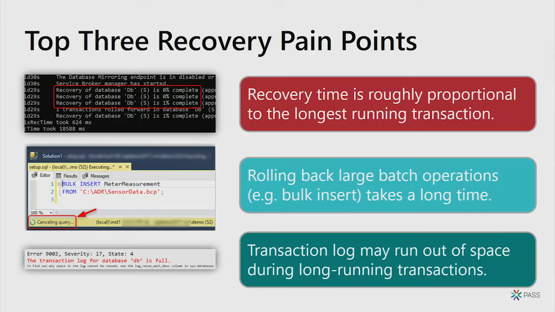So if I have a long-running transaction, even if every other transaction in the system is committed and I've got a huge portion of the log that's ready to go, it doesn't matter. That oldest active transaction holds all that log open, and it's not able to truncate, cannot reuse that space, and your log file will just keep growing. And so you could, in theory, run out of disk space, and then you're really in trouble, because you may not even be able to roll back at that point, right?